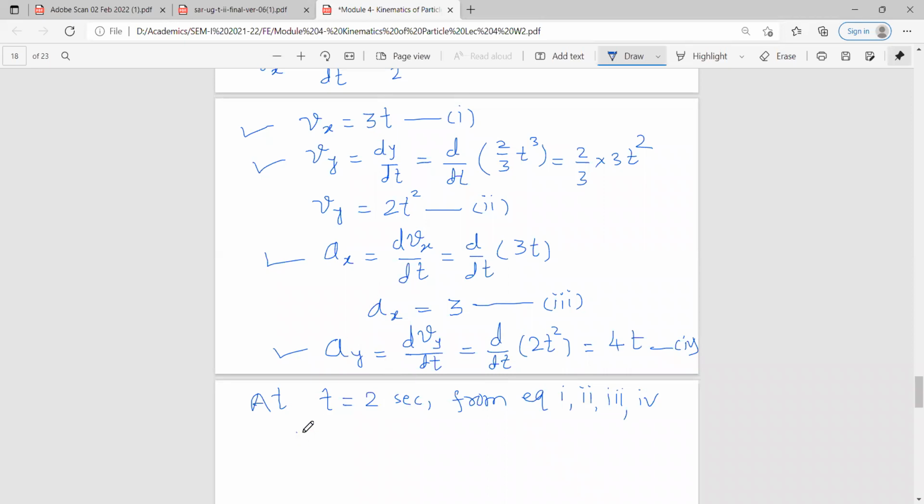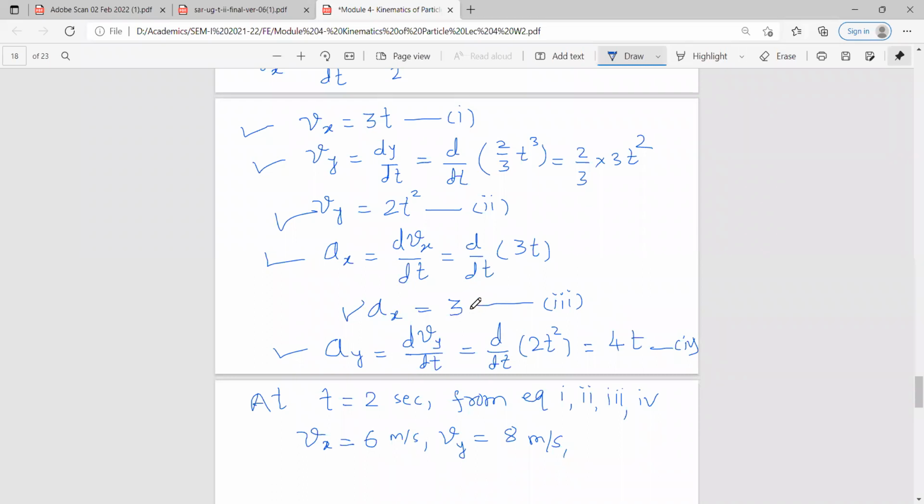So you will get velocity in x direction: 3 into 2, that is 6 meter per second. Then velocity of y: 2t square. So t square is 4, 4 into 2 is 8. So velocity in y direction is 8 meter per second. Acceleration in x direction is 3.